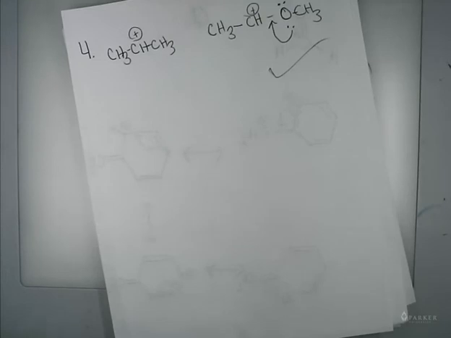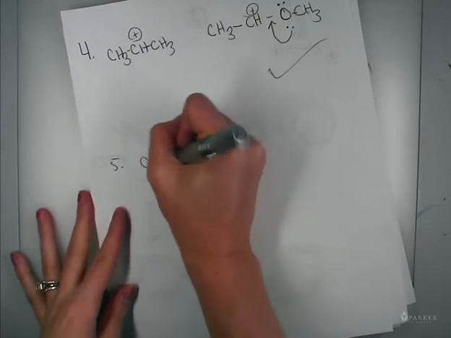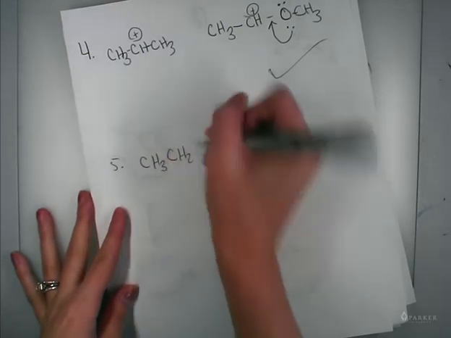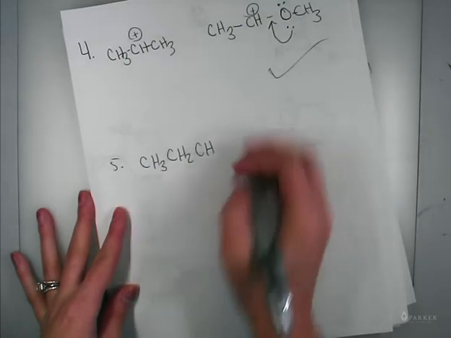Okay, so let's look at number 5. We're going to draw the skeletal structure, and this one, there is a typo on this one. It should be CH3, CH2, CH. There's no subscript there.